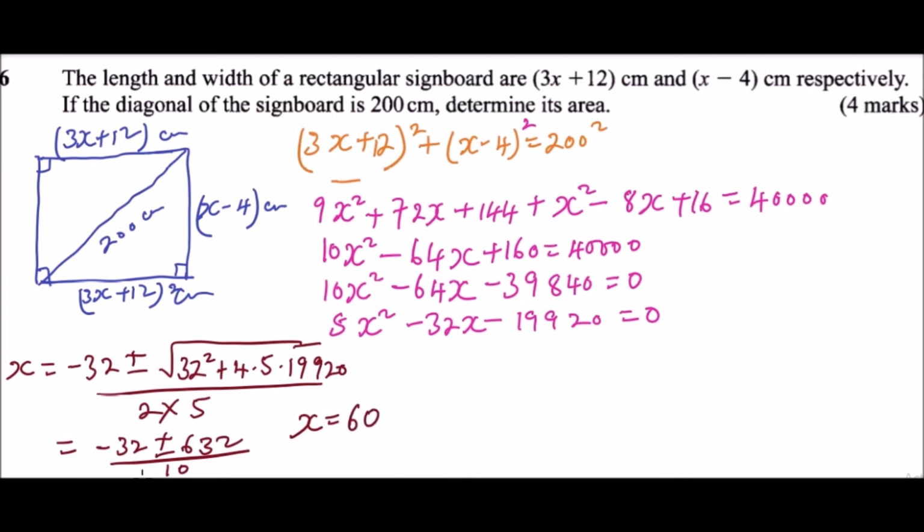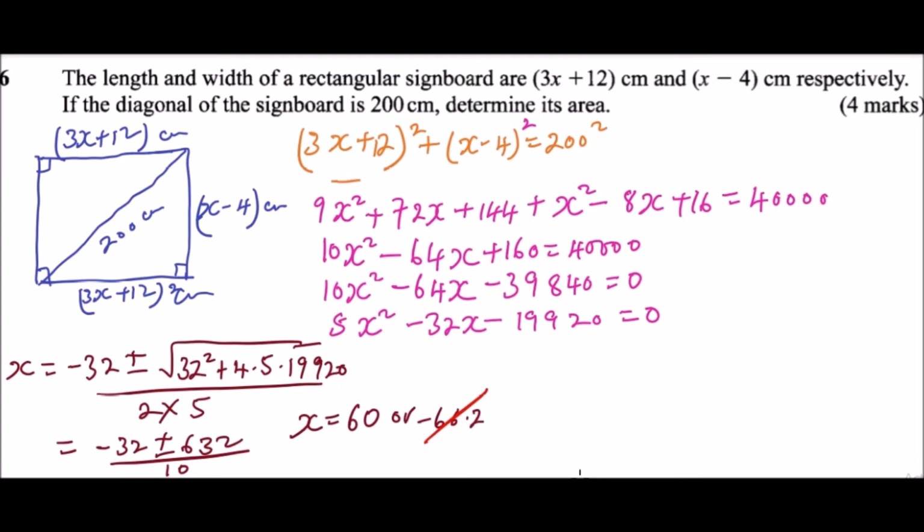The other one will be minus 32 minus 632, that is minus 664. And minus 664 divided by 10, that is minus 66.4. So because length cannot be negative, you ignore this and you say your x is equals to 60.